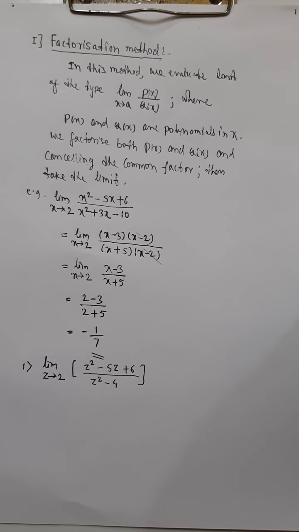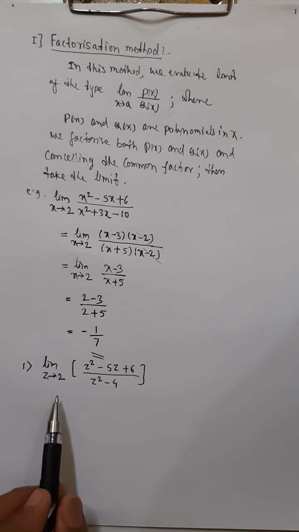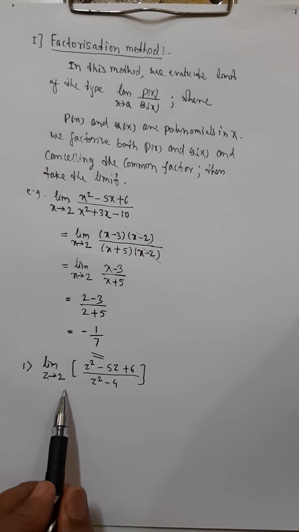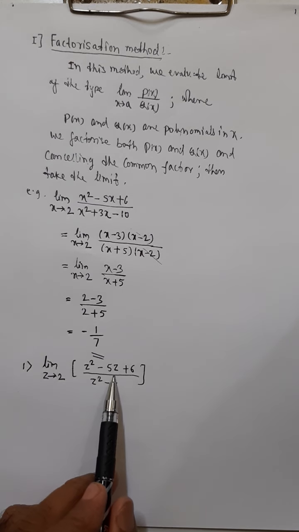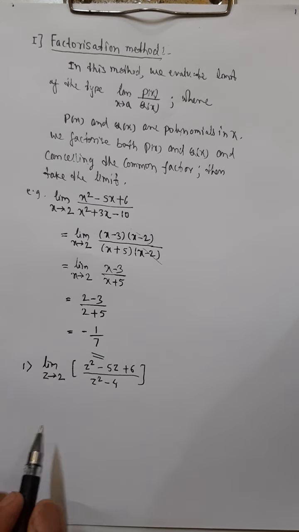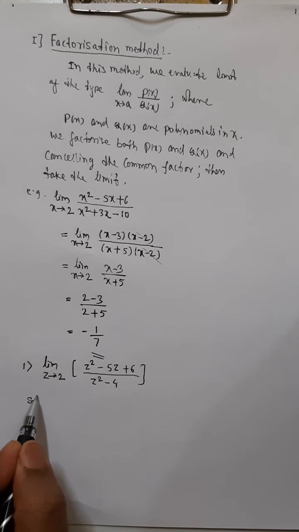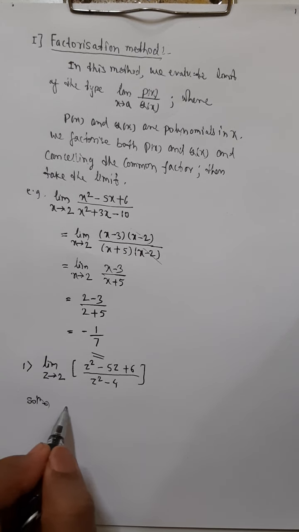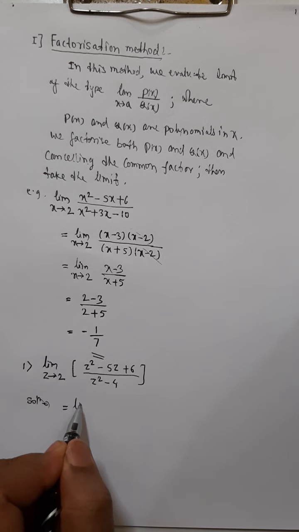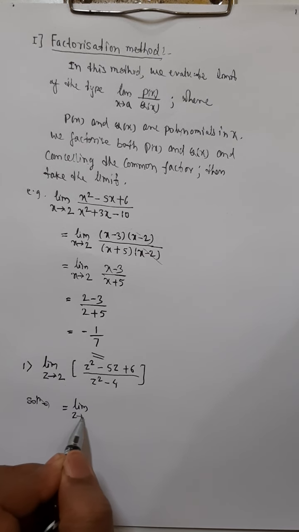So we solve some problems depending upon this factorization method. First problem, evaluate limit as z tends to 2 in bracket z square minus 5z plus 6 divided by z square minus 4. Your solution. It is equal to limit as z tends to 2.